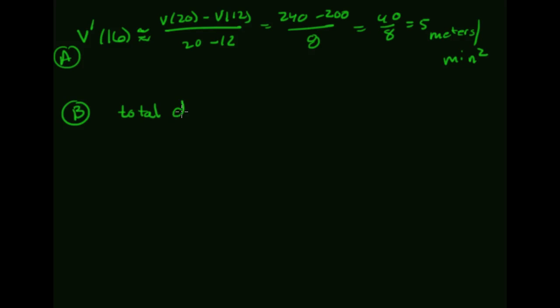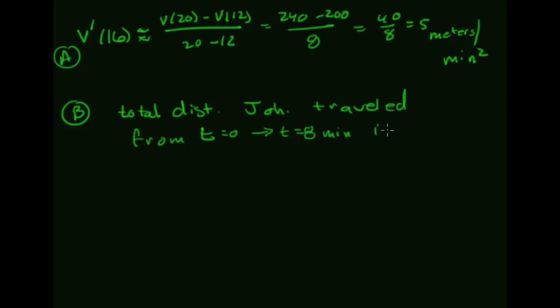This is the total distance Joanna traveled from t equals 0 to t equals 40 minutes, in meters.